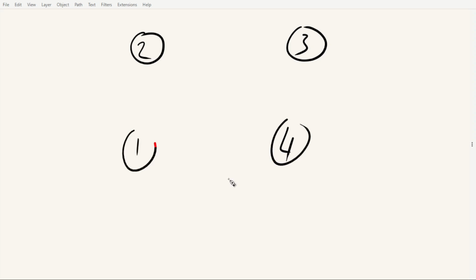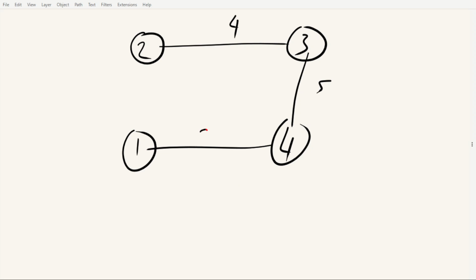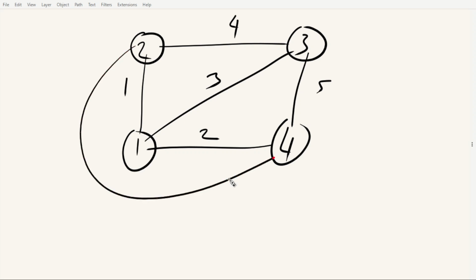Take this graph: 1, 2, 3, 4. 2 to 3 cost is 4, 3 to 4 cost is 5, 4 to 1 cost is 2, 1 to 2 cost is 1, 1 to 3 cost is 3, and 2 to 4 cost is 6. So now we'll solve this problem.